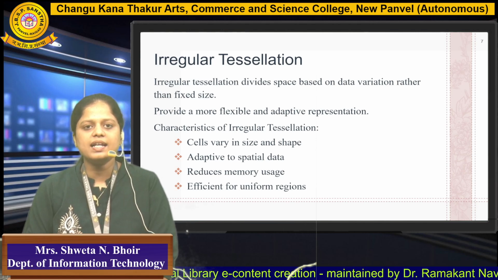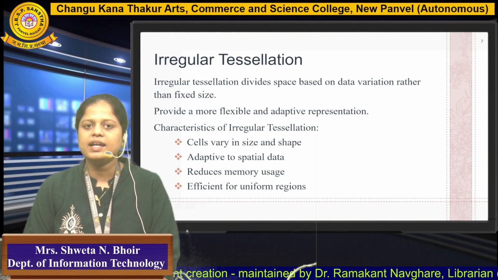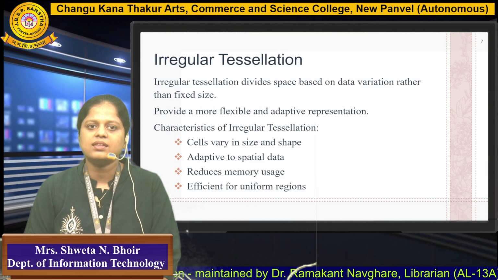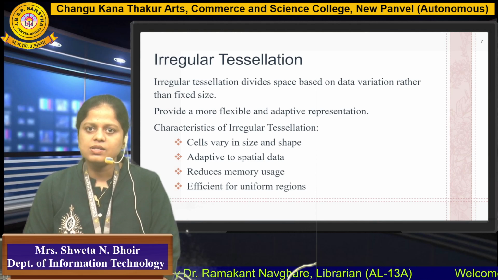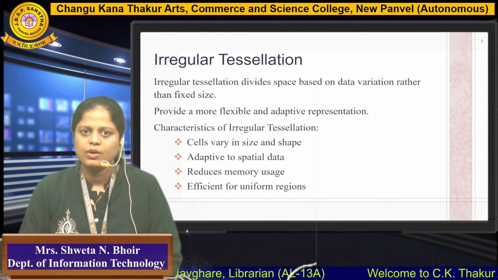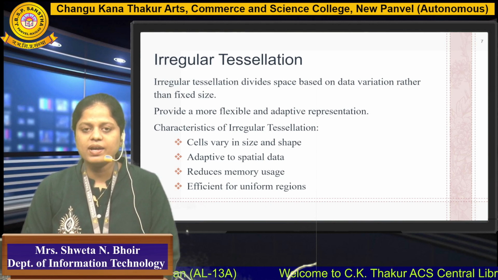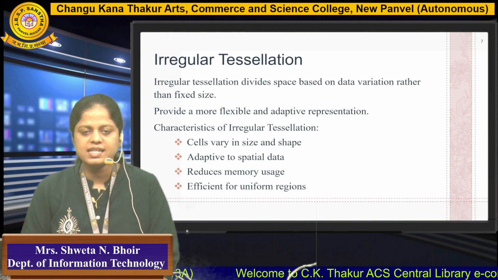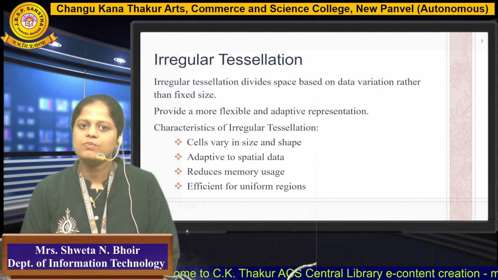In the regular, it has the same shape and size, but in the irregular, it does not. It divides the space based on data variation rather than a fixed size. It is more flexible and adaptive, so whenever you want to make any changes in the area, this tessellation should be used.